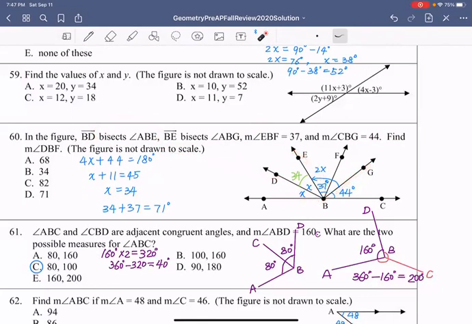So if this is X, this will be 2X. Okay, so you finish using this. EBF is 37, this is 37, and that's the last. When you mark everything, you will have your equation ready, okay? Make sense?